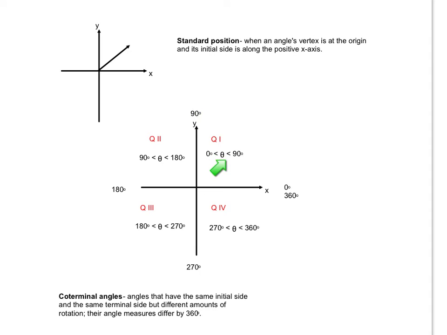Remember that quadrant 1 is here, quadrant 2, quadrant 3, quadrant 4. So if you start at the x-axis, your angle measure would be 0 degrees, and then you'd come up here to 90 degrees, keep coming down to 180 degrees, then down to 270, and then a full circle gives you 360 degrees.